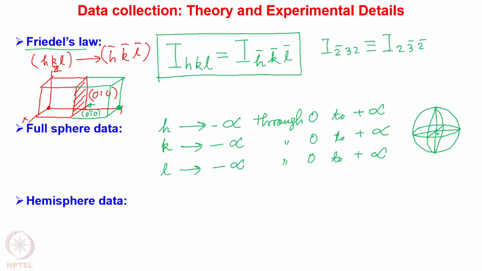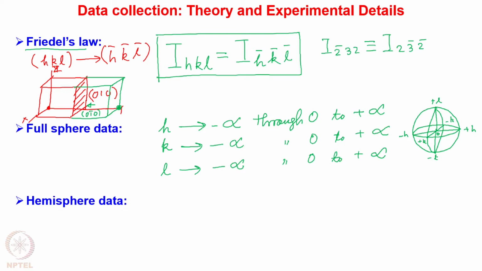So if this is the origin, if we say that this is plus H to minus H, plus K to minus K, plus L to minus L, this corresponds to the full sphere of data.